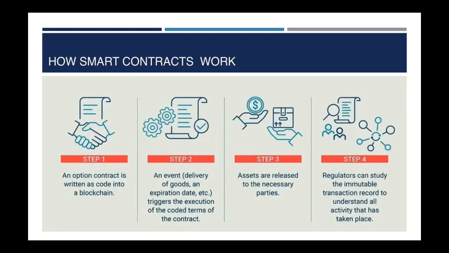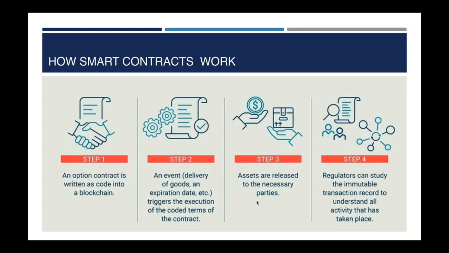Now, from this slide, let us understand how smart contract works in a nutshell. Step 1, smart contract is written as code and it is deployed as code on the blockchain. Step 2, when certain events occur, the smart contract code will get automatically executed.